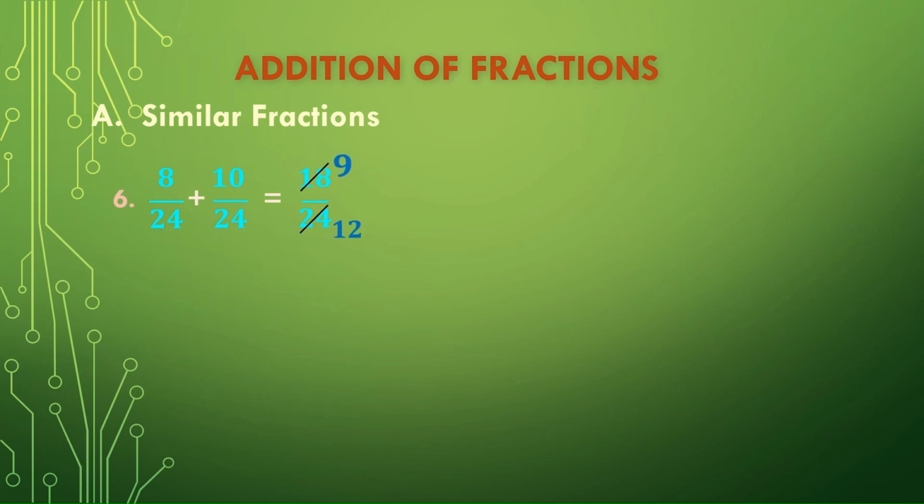Looking at 9 and 12, we can see that they both have a common factor because they are both divisible by 3. 9 divided by 3 is equal to 3. Let's cancel 9 and replace it with 3. 12 divided by 3 is equal to 4. Let's cancel 12 and replace it with 4. Therefore, the lowest term of 18/24 is 3/4.